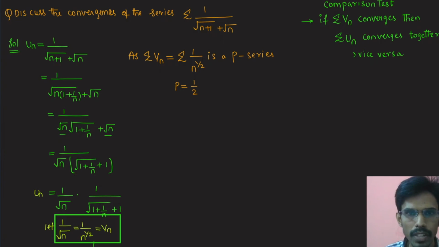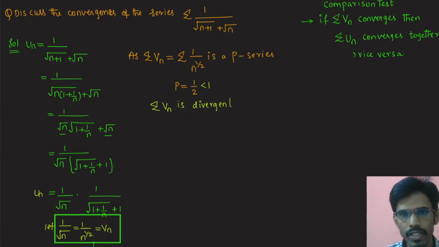1 by 2 is less than 1. So whenever p is less than 1, this sigma Vn is divergent, or diverges.